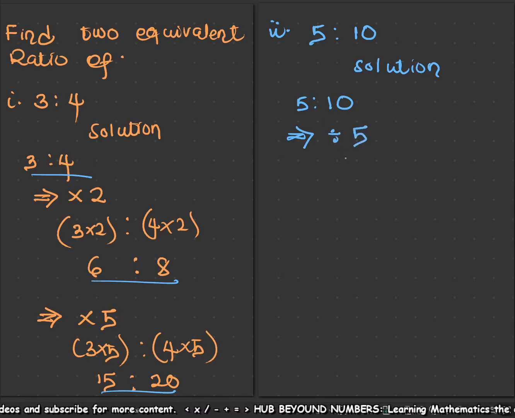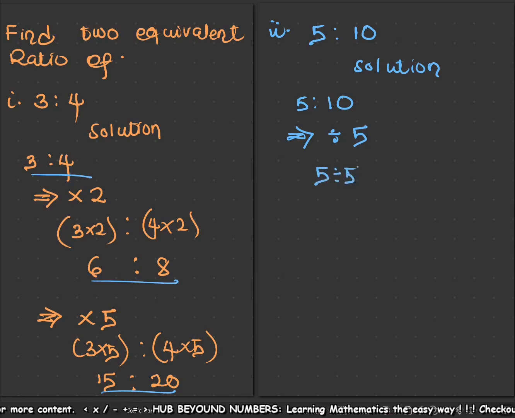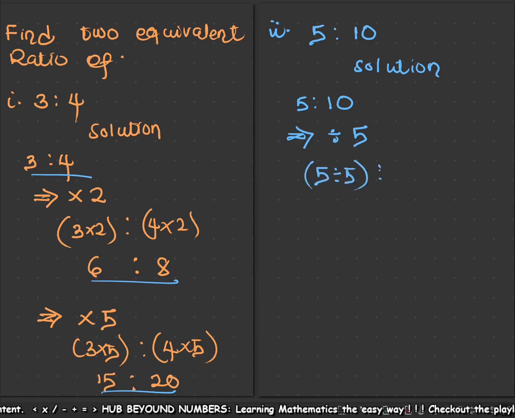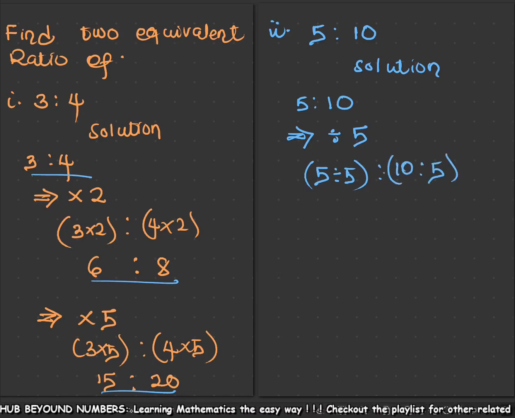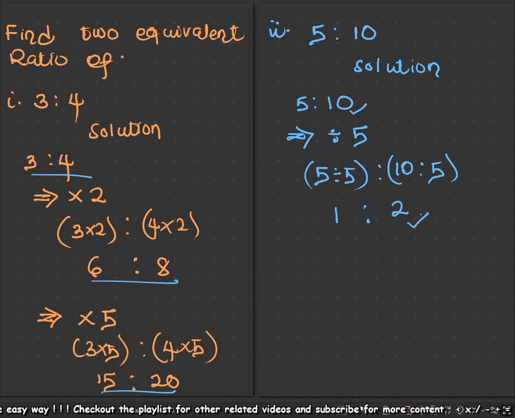If we divide by 5, it means we are going to divide 5 by 5, and it is to 10 divided by 5. 5 by 5 gives us 1, and 10 divided by 5 gives us 2. So 5 is to 10 is equivalent to 1 is to 2.